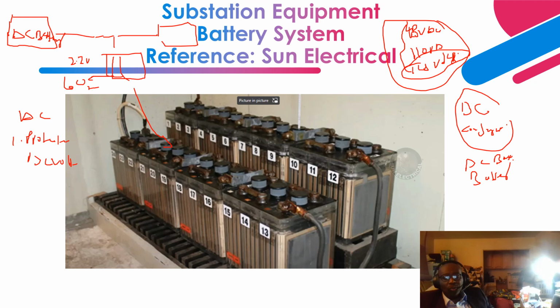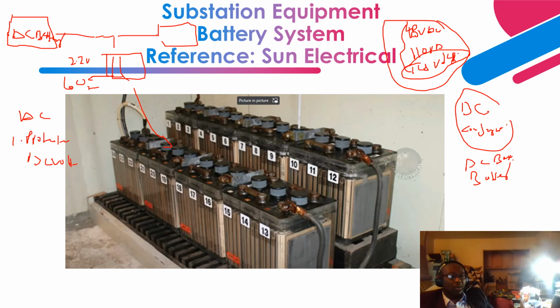Once you select that design, you have to coordinate that with the manufacturer of the device, or maybe work backwards, based on what the manufacturer requires as an input DC voltage for its device. Then, based on that, you select and design your DC voltage requirement for your substation.